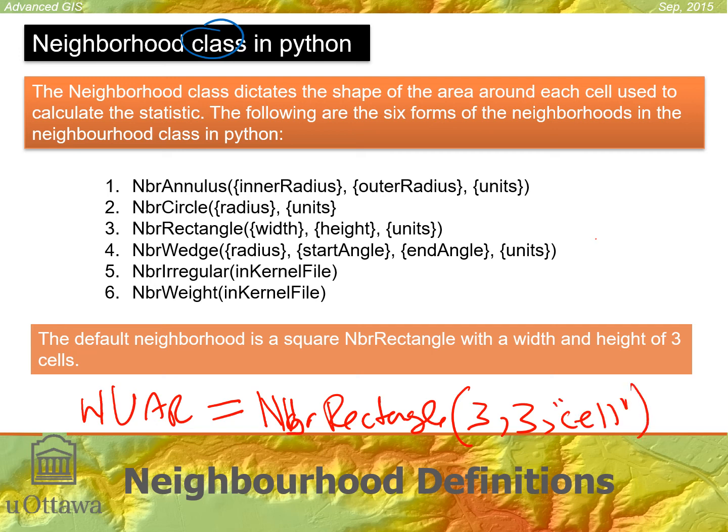Because there are two types of units you can specify for the neighborhoods. You should always, most of the time, use cell. Because cell then puts it in units of the resolution.